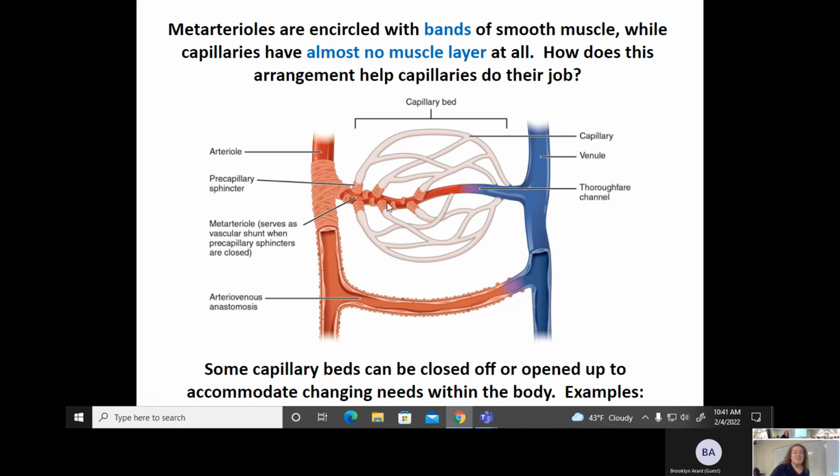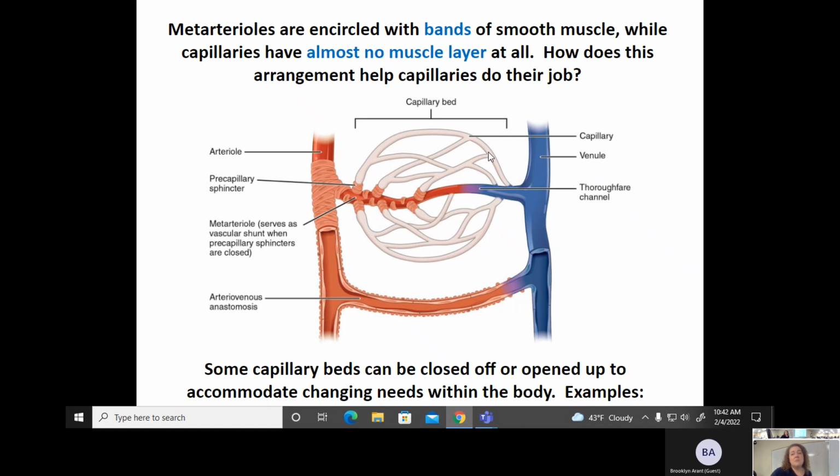These little sections of blood vessel called metarterioles can help the body decide, does blood really need to go into this capillary bed, or is it needed more elsewhere? Should the blood go straight through here and bypass this capillary bed, and take the express route back to the vein?